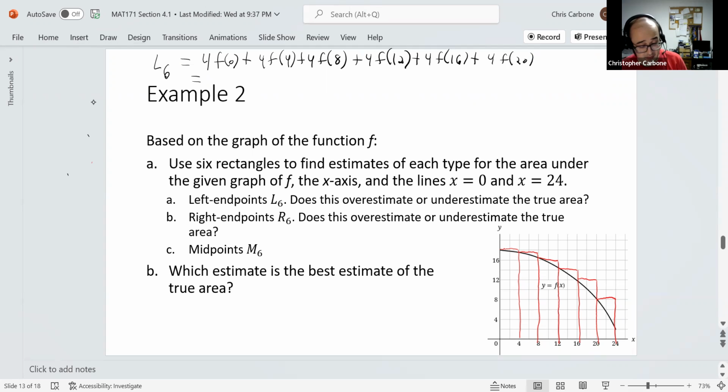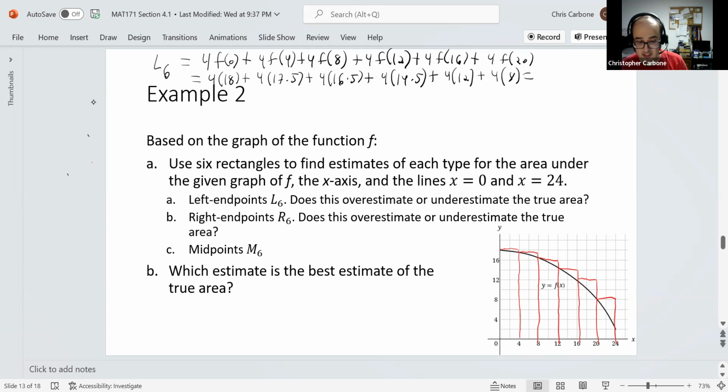So based upon approximations of each of these rectangles, we have something that amounts to 4 times 18 about, plus 4 times 17 and a half, plus 4 times 16 and a half, plus 4 times 14 and a half, plus 4 times 12, plus 4 times 8.